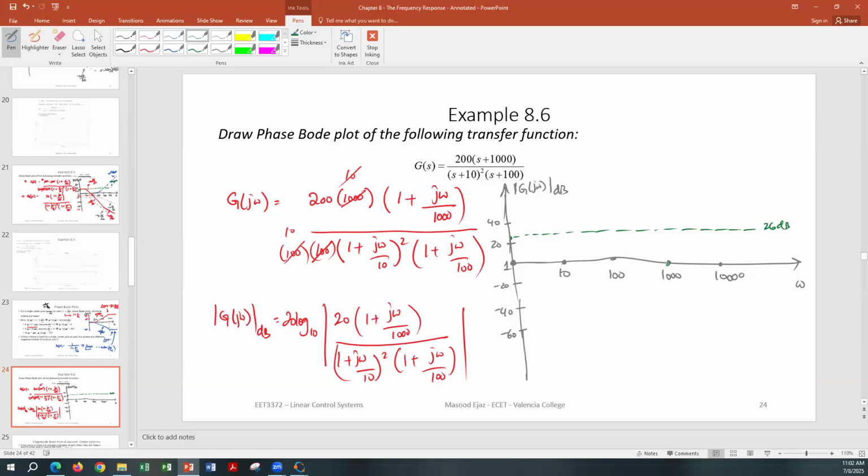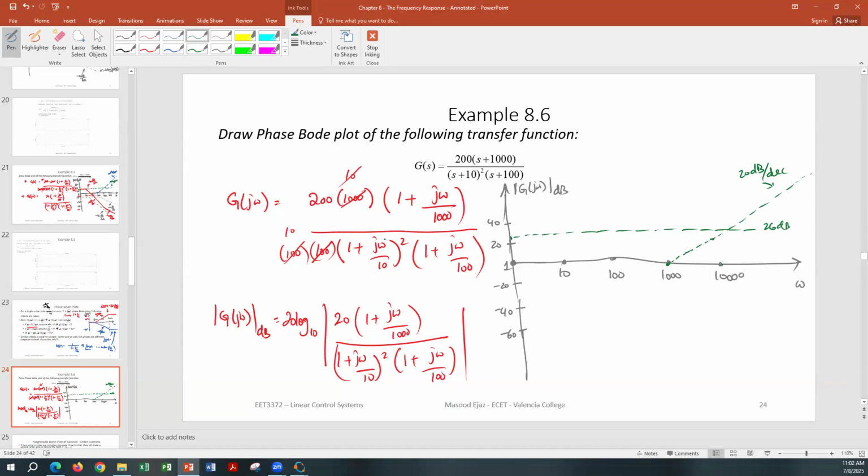Okay. So 1000, and then at 10,000 it's going to be 20. Put a point over here just so that we can create this line. Okay. So 1 zero, and that's the Bode plot of that zero.